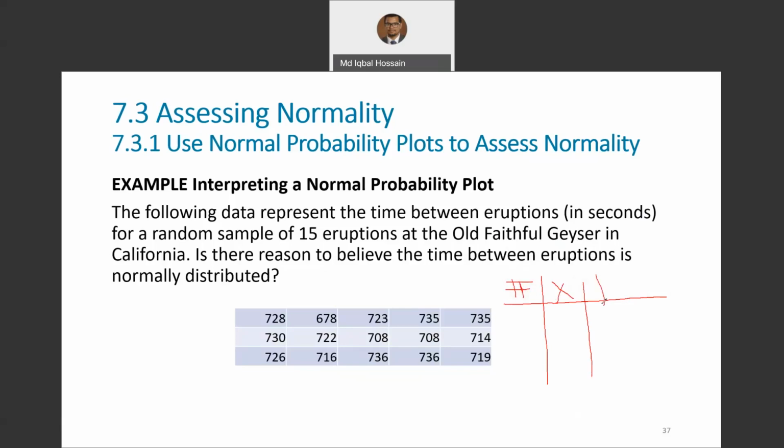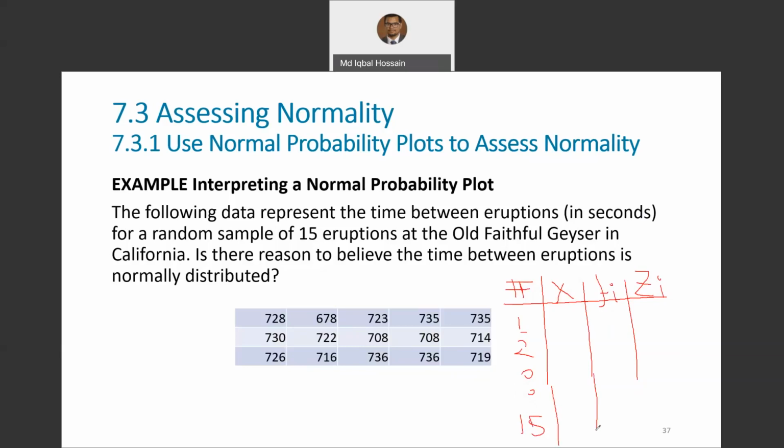After that, we find our F value. We already know how we are finding our F value. And from the F value, we find zi for each F value. Suppose we have 15 data points. So we have number one, number two, and so on until number 15 at the end.